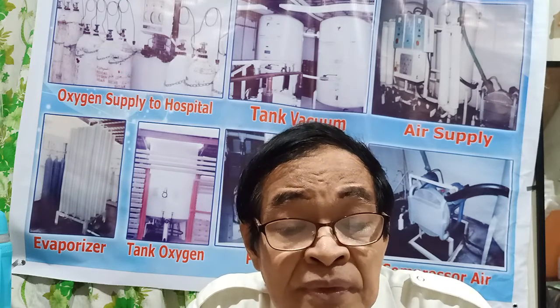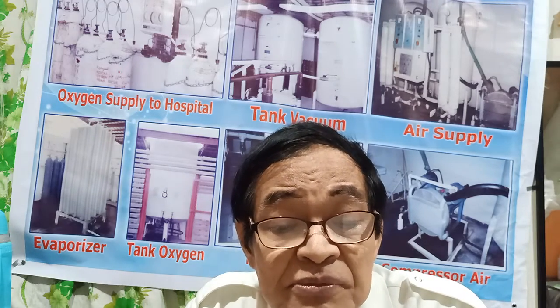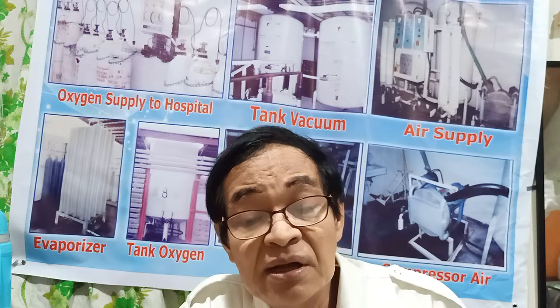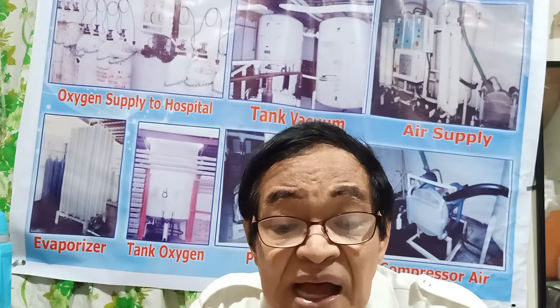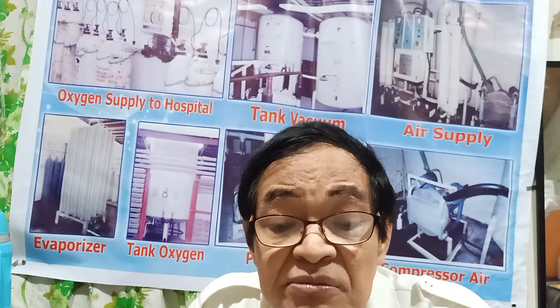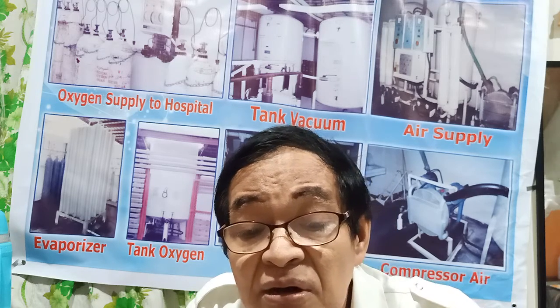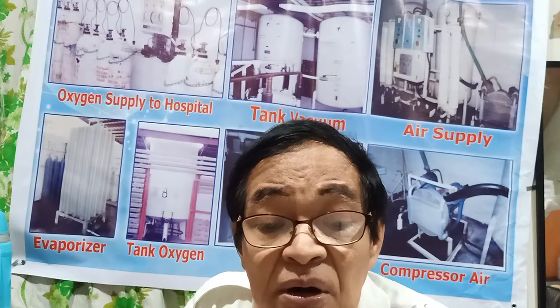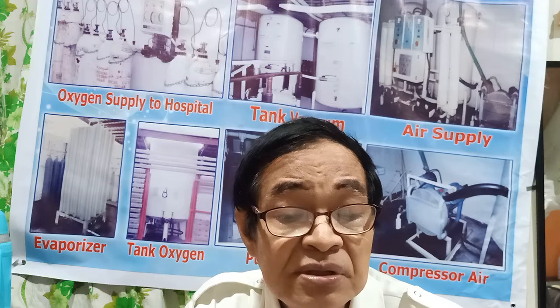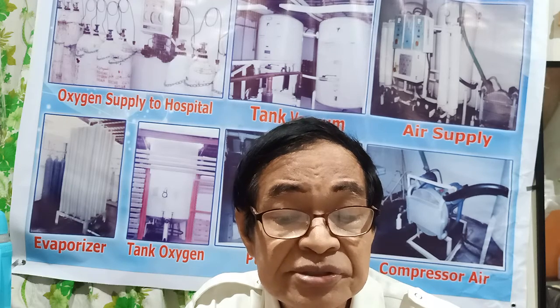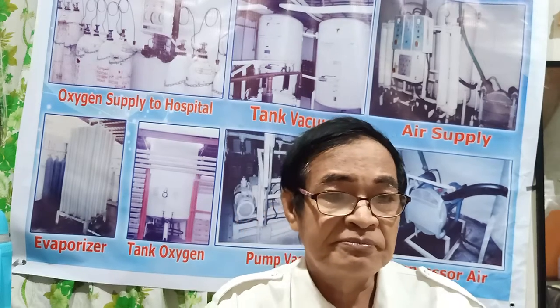Okay. Negative pressure system. This is the vacuum and anesthesia gas scavenging system operating at 450 mm of mercury, the reverse of the positive pressure system.